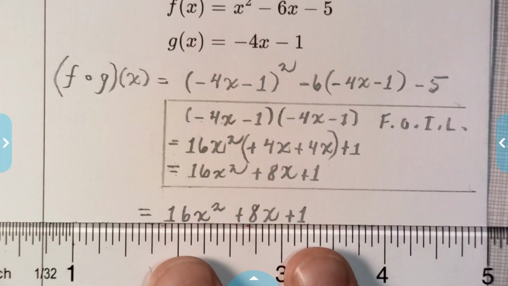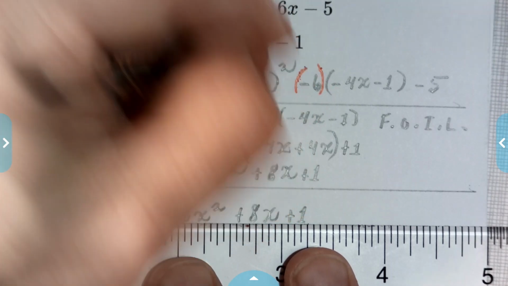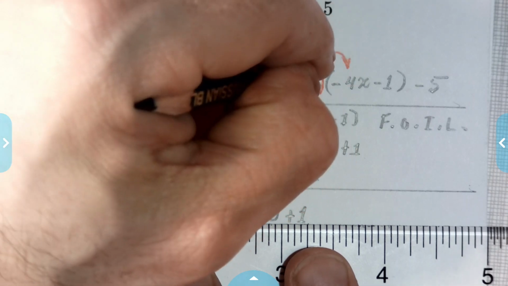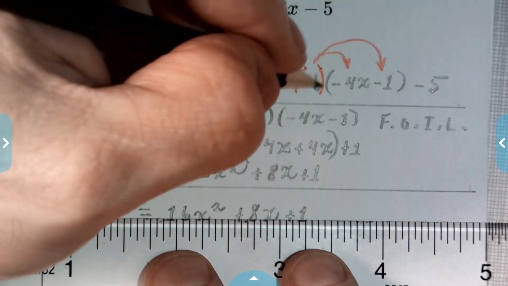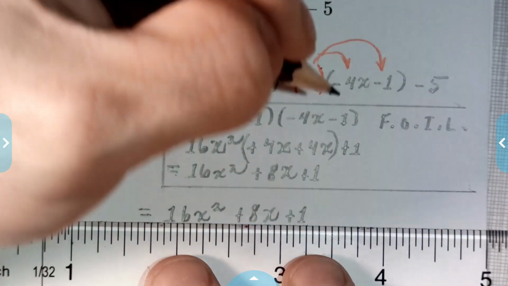And now we need to multiply this negative 6, okay, to the terms here inside this parenthetical expression. Well, negative 6 times negative 4x is going to be plus 24x.